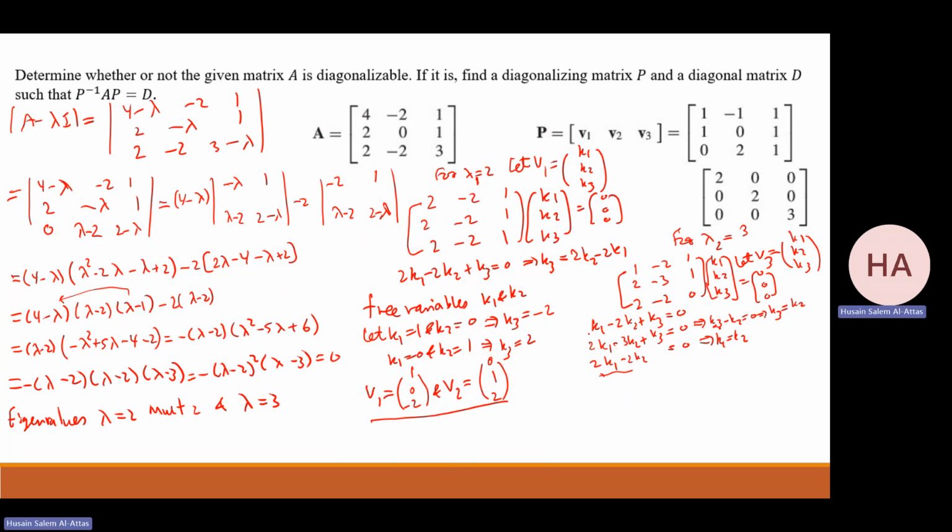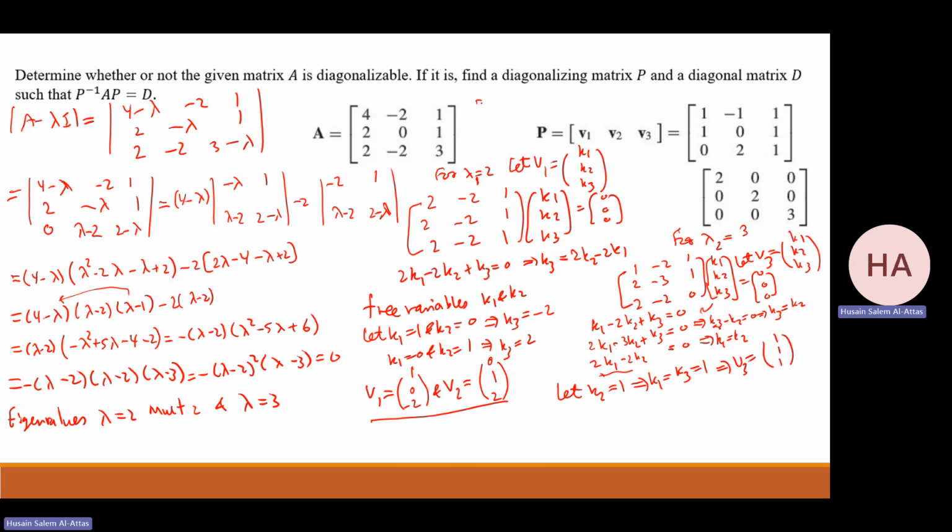Plug everything here, I'm getting nothing: k2 minus 2k2 plus k2 is 0. So my k2 is a free variable. I let k2 equal 1. I'm getting k1 equal k3 equals 1. So my v3 is 1, 1, 1.